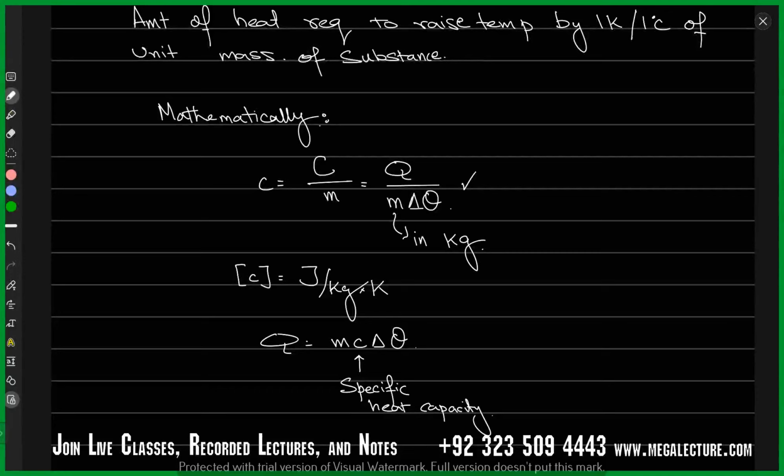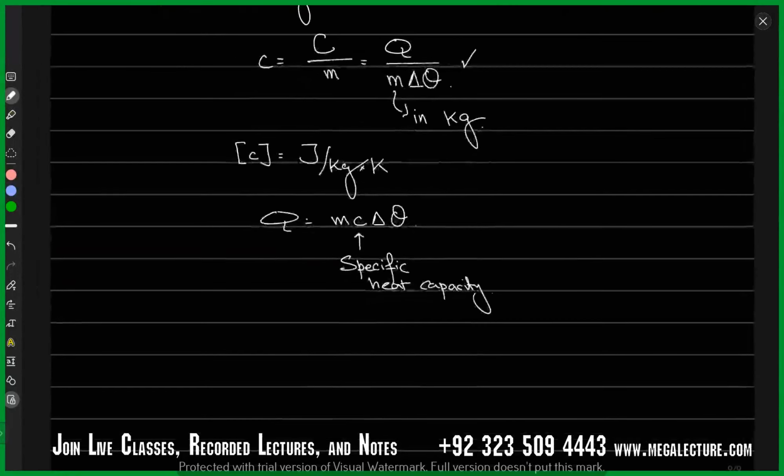Okay. So can you tell me, if I say that the specific heat capacity, so small c, let's say for water, this value is 4,200 joules per kilogram Kelvin, right? So I'm just making this statement.